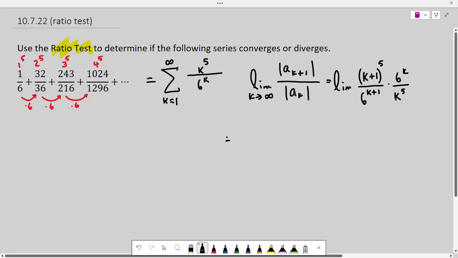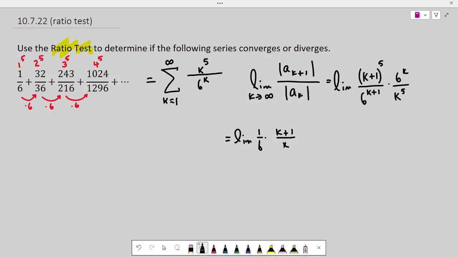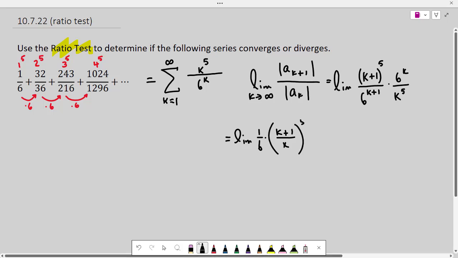If we do a little bit of simplification here, we're going to have the limit of, looks like 1 extra 6 in the denominator. So 1/6 multiplied by k plus 1 to the 5th divided by k to the 5th. Let's put that power on the far outside.